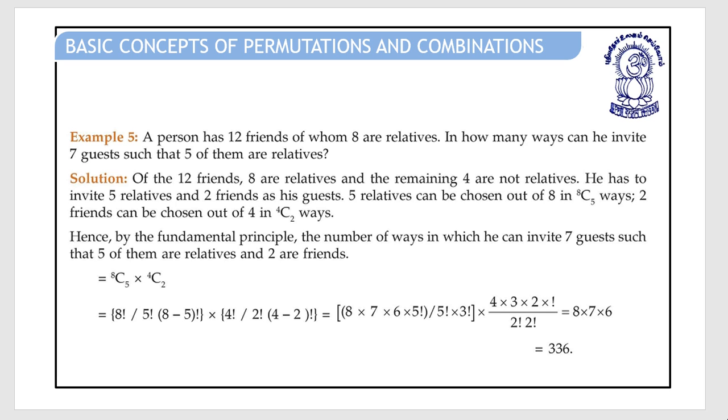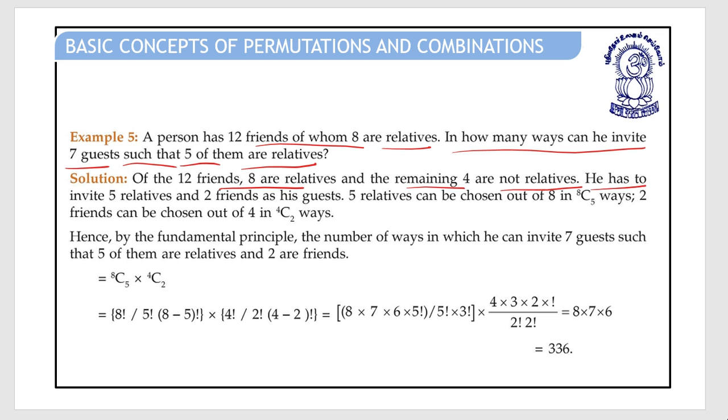Now example number 5. A person has 12 friends, of whom 8 are relatives. In how many ways can he invite 7 guests such that 5 of them are relatives? Of the 12 friends, 8 are relatives and the remaining 4 are not relatives.